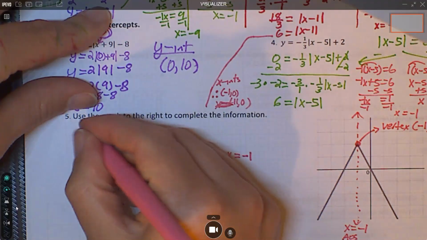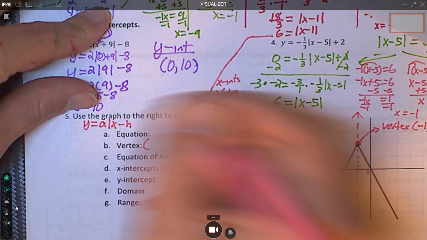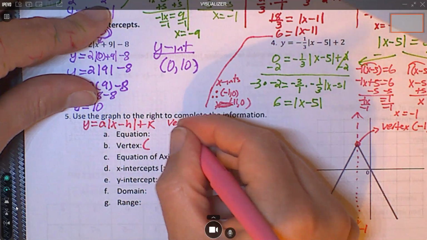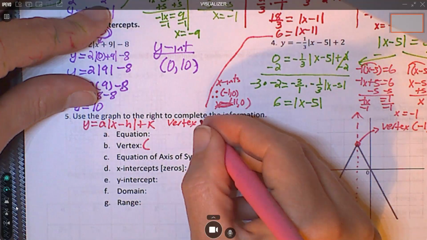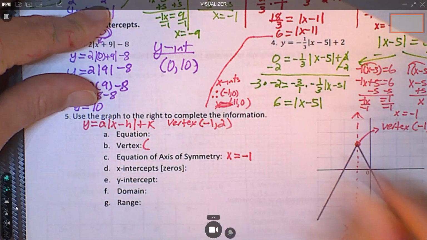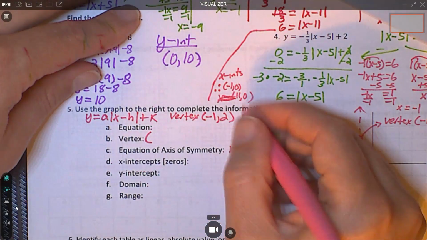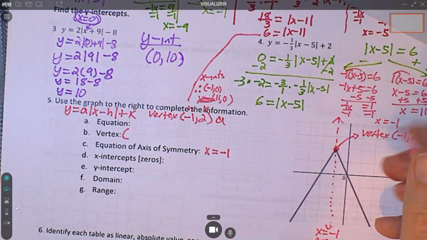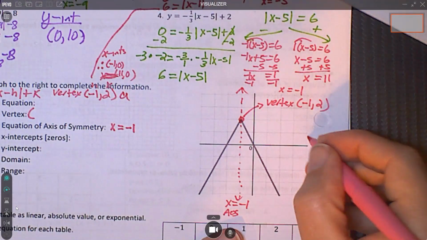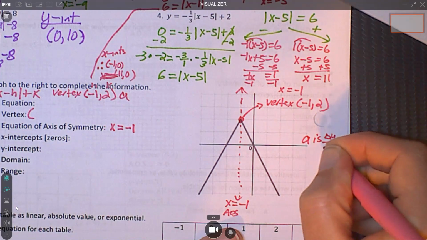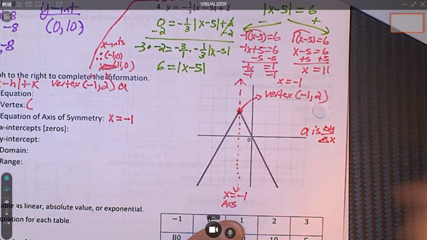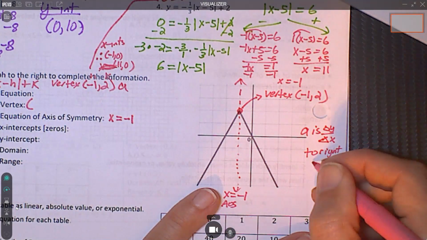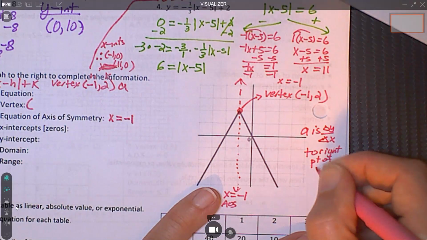So for the equation, we need y equals a, changing y over x to the right of the point of vertex.